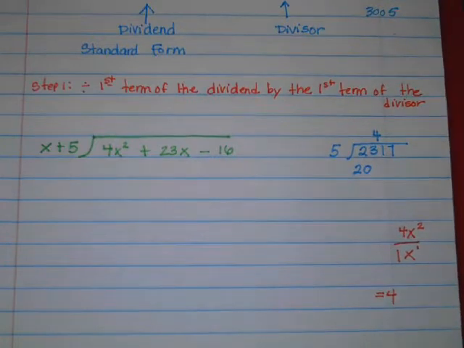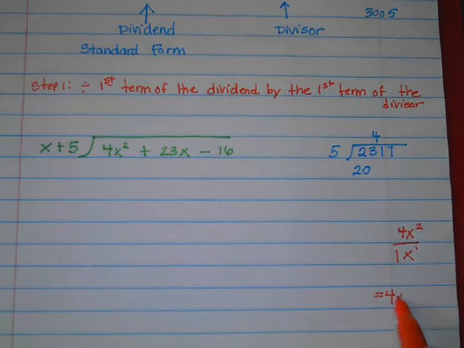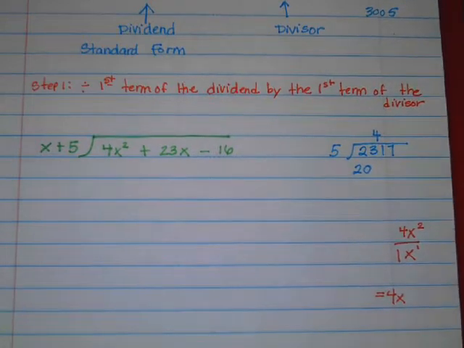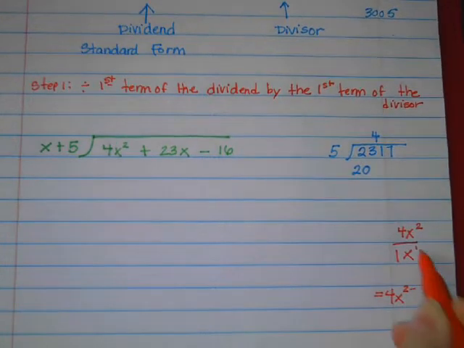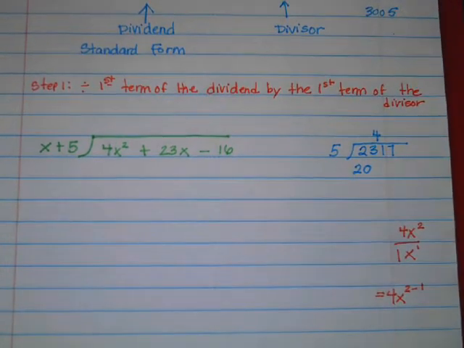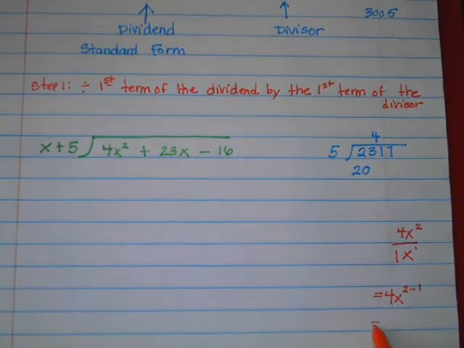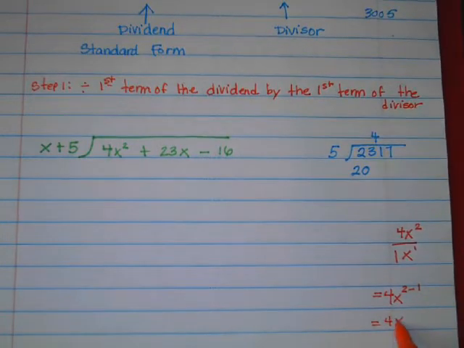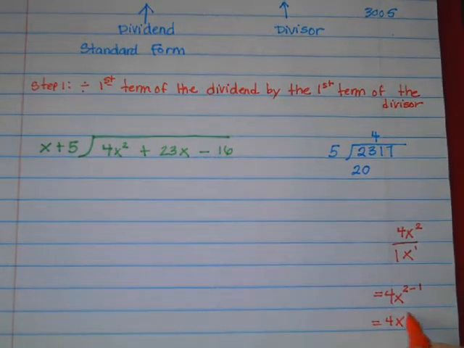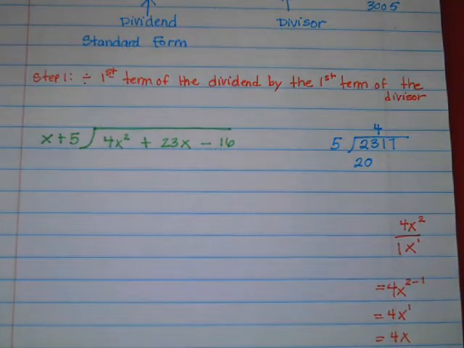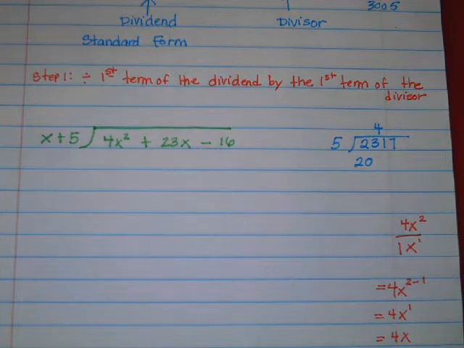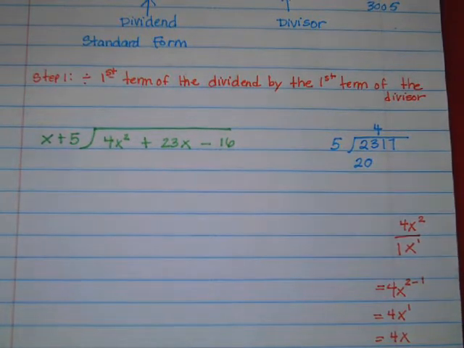Then when we divide with our variables, we keep our base of x, and we subtract our exponents. 2 minus 1 is 1. So this is 4x to the first power, which is the same thing as just 4x, because we do not have to write it to the first power. It's understood. So since we did that, notice that this is x to the first power.